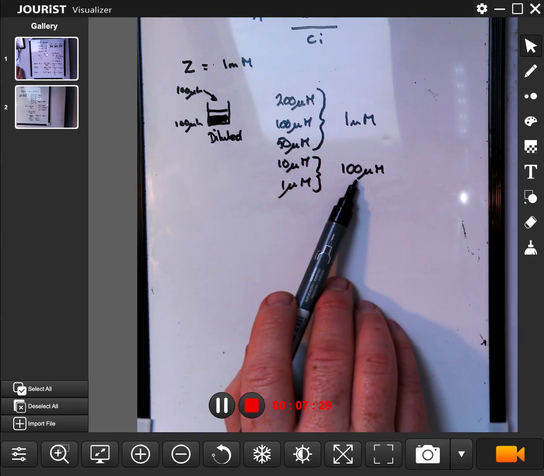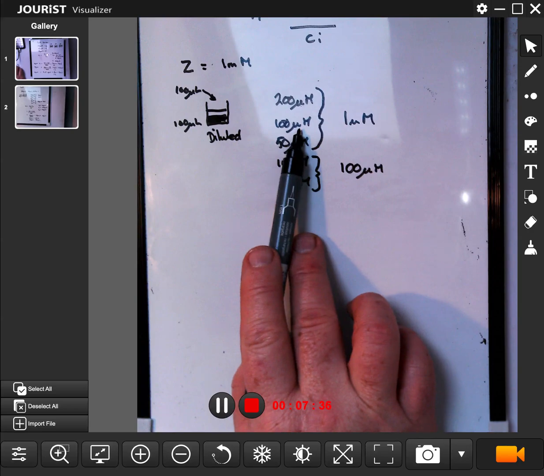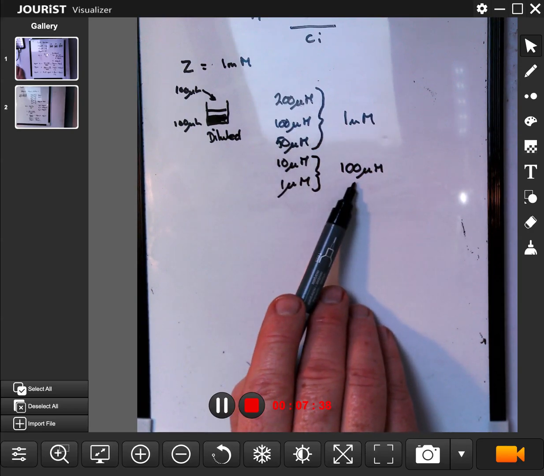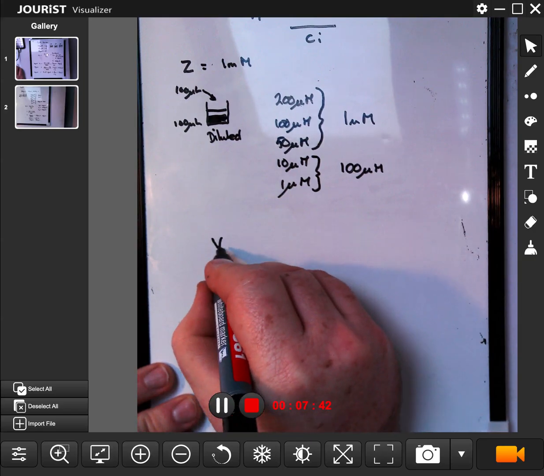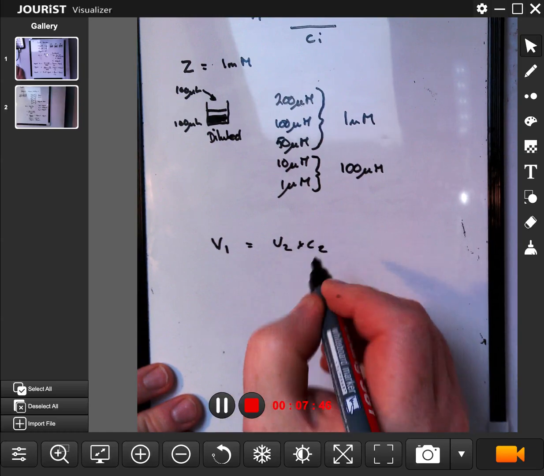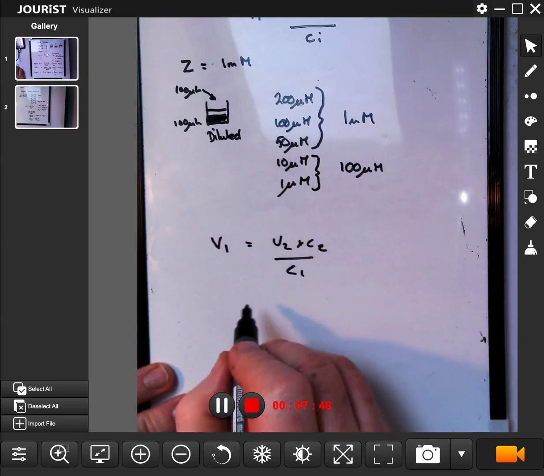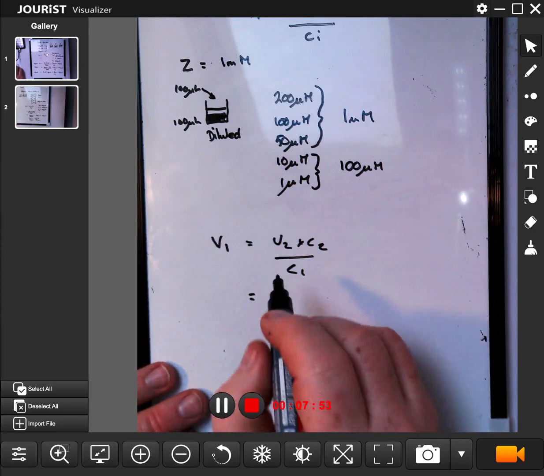We can make the stock solution very easily, and we just calculated how we're going to do it up here. So let's put again V1 equals V2 times C2 over C1.